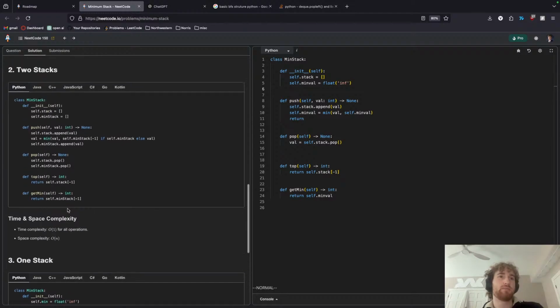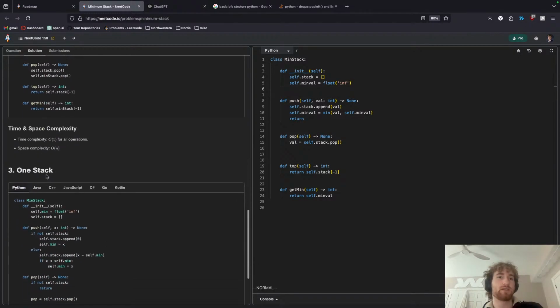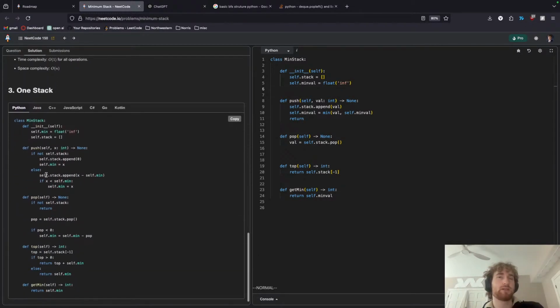But why even keep this min stack thing? Okay, here's kind of what I was thinking, self.min. Oh, interesting. So if it's not a stack, then you just change it.